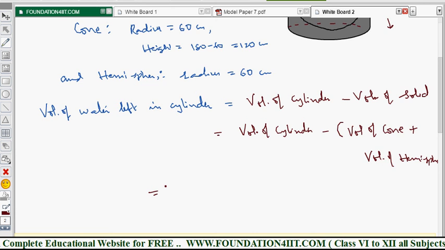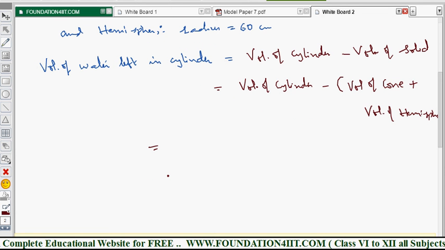Let us apply the formula now. The volume of the cylinder is pi r square h, that is pi into 60 square into 180. From this you will subtract the volume of the cone, which is 1 by 3 pi r square h, that is 60 square into 180, this height. And the volume of the hemisphere is also subtracted, 2 by 3 pi r cube, that is 2 by 3 pi into r cube, where r is 60.